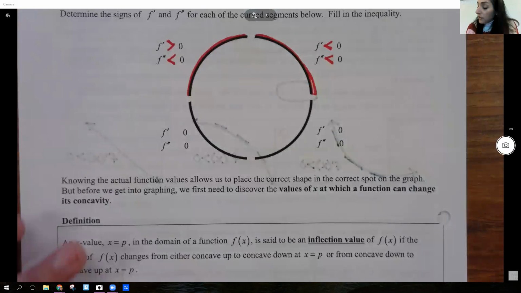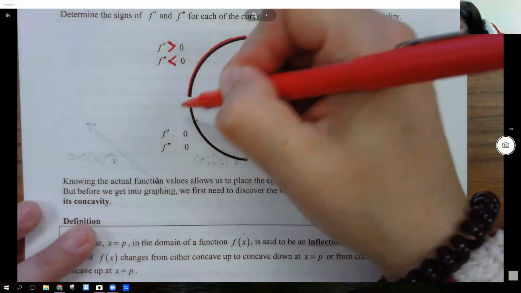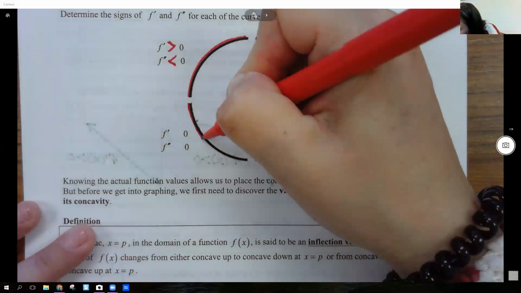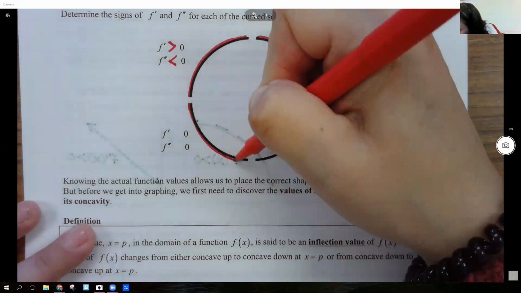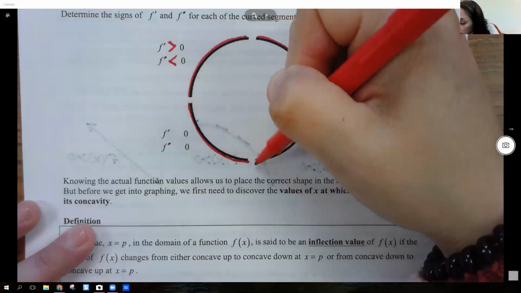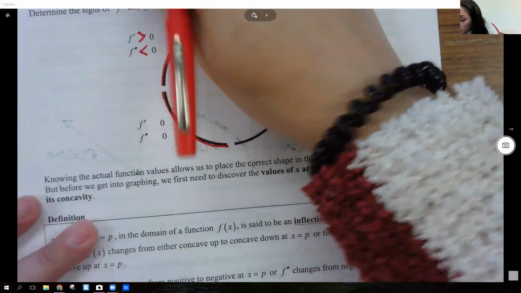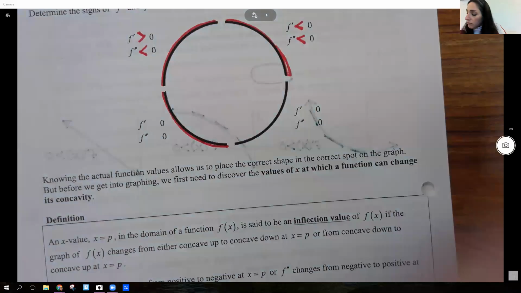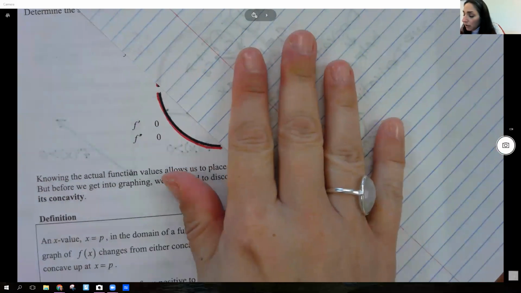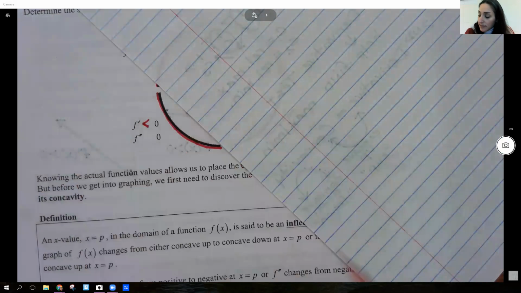Okay, for the other half of the circle, if we just look at this piece right here, your slope is negative. So your first derivative is negative. But your second derivative is positive.